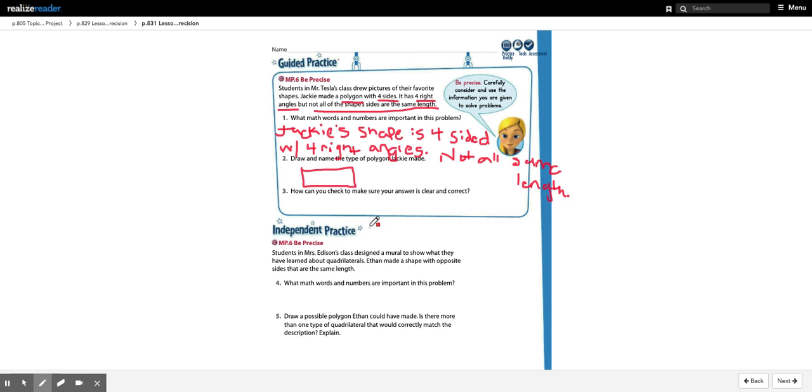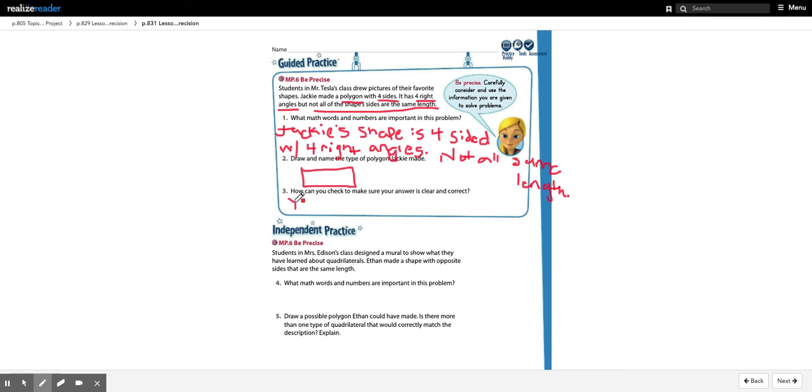Nope, they're not. Number 3, how can you check to make sure your answer is clear and correct, or precise? What can you do? That's right.